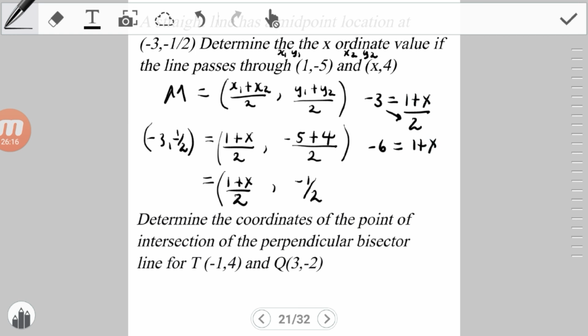So if we work this out here, you'll find here that minus 6 take away 1 is equal to x. So the x ordinate value here, which is going to be x2, is going to be equal to minus 7. So the value that would have to go here would have to be minus 7 for the midpoint coordinate to be minus 3, minus a half.